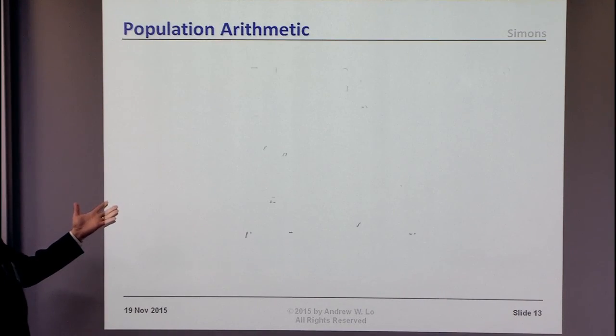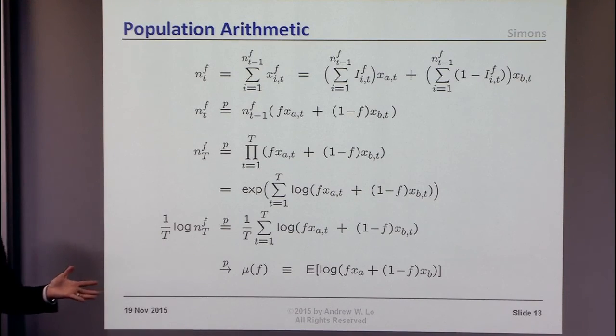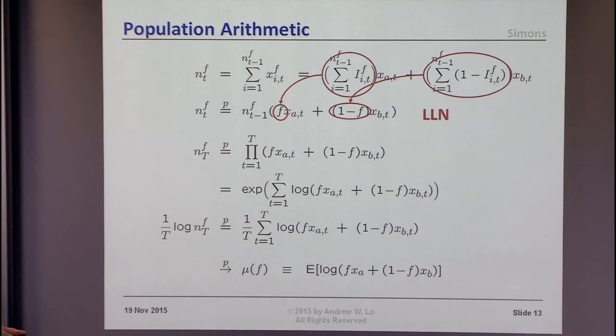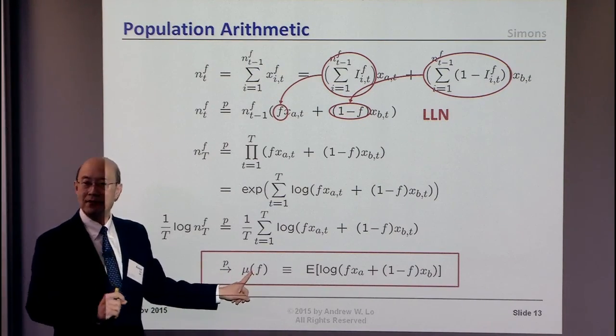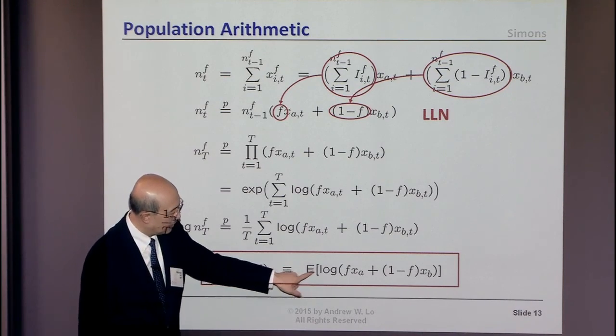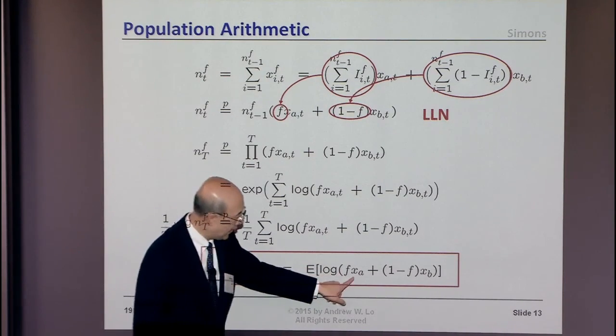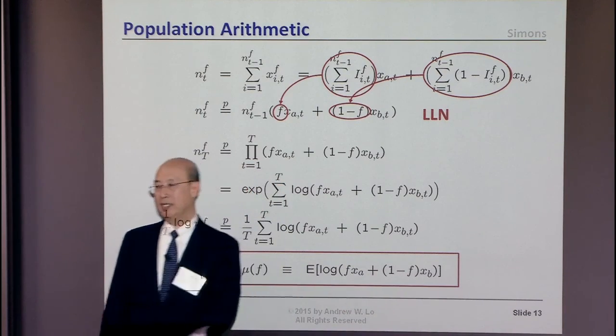I have to do a little bit of population arithmetic. I'm not going to take you through the math, but it's pretty straightforward, actually. The number of type F at time t in the population is simply given by the number of type F parents in the previous generation and the number of offspring when they chose A versus B. And if you use the law of large numbers, you can actually show very easily that ultimately the growth rate of type F individuals is given by the expected logarithm of f of xa plus 1 minus f of xb.